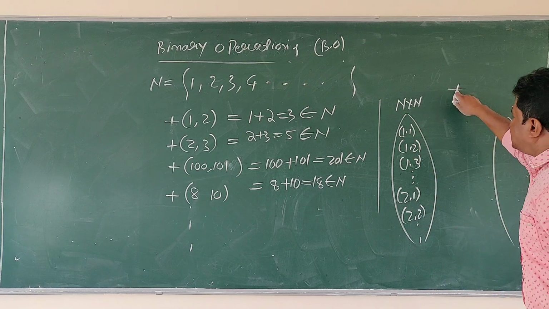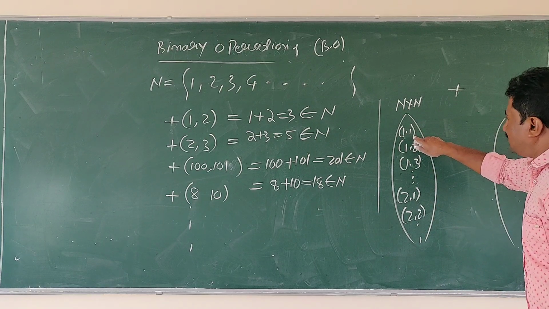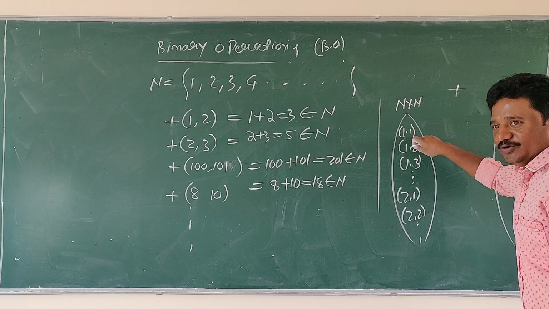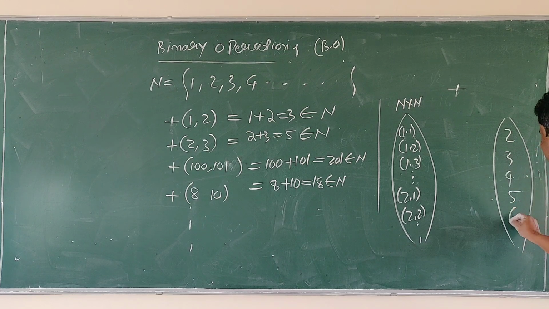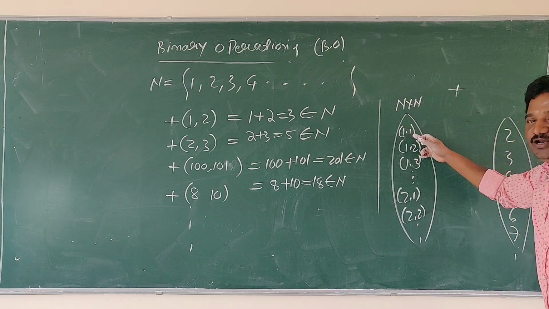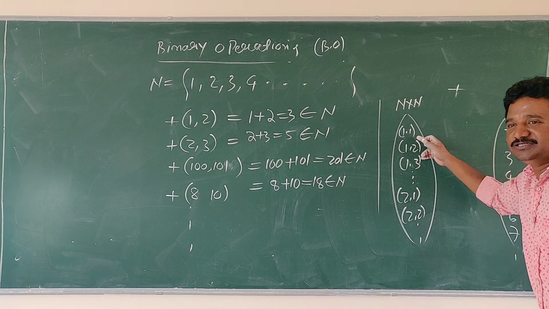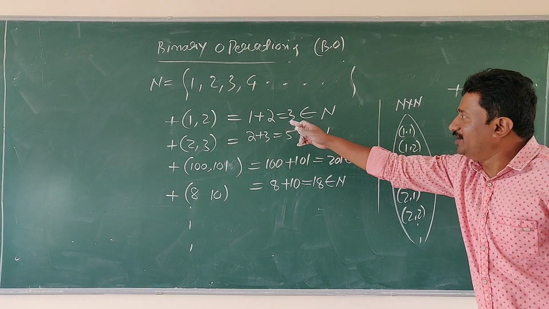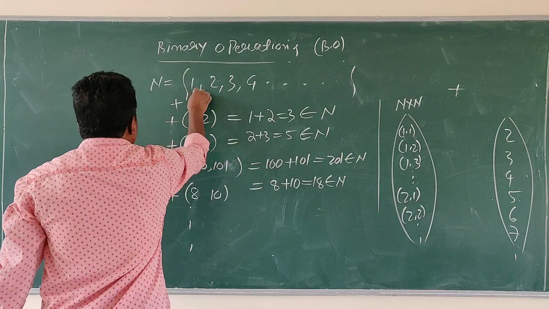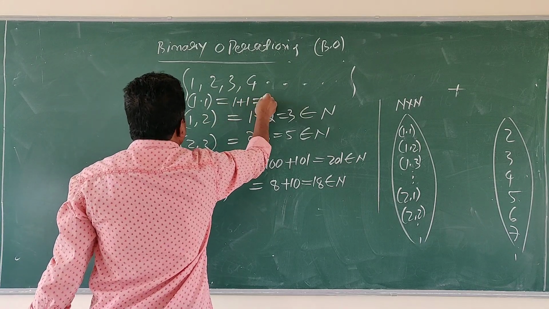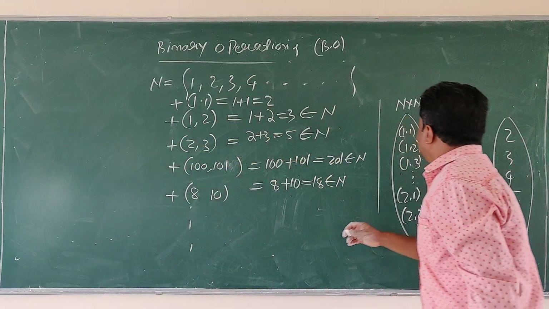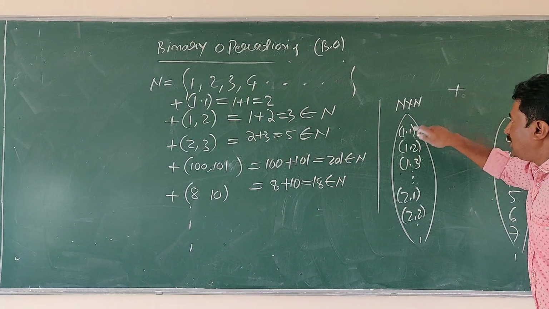Now tell me how much is plus of 1, 1. 2. You see this, students. 2, 3, 4, 5, 6, 7, and so on. Plus of 1, 1 is equal to 1 plus 1, which is 2.